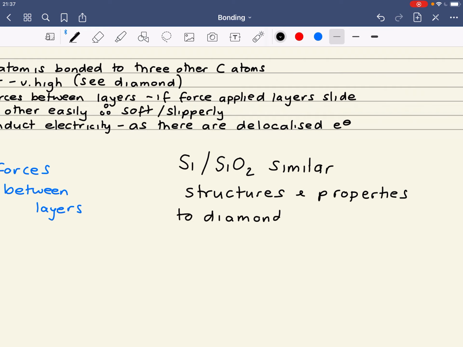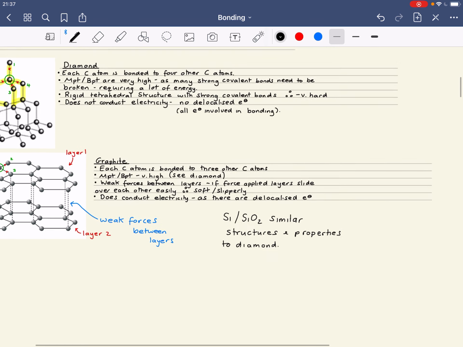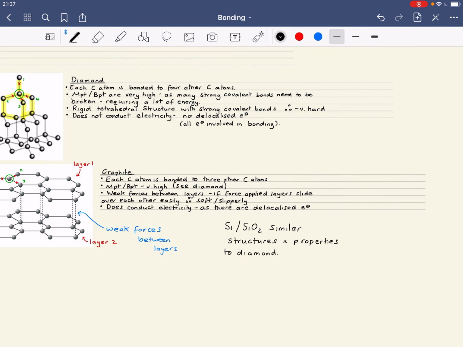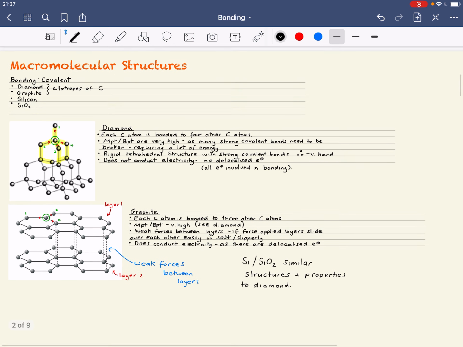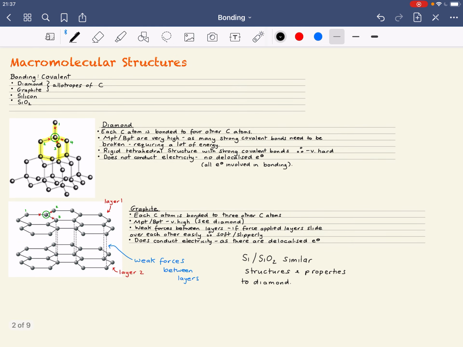They don't quite have as high melting and boiling points, but they are similar. They still have high melting points, and again, neither of those conduct electricity because they have no delocalized electrons. So that's some information there about macromolecular structures. Quite easy to learn these facts, so should be ideally easy marks if these come up in the exam.